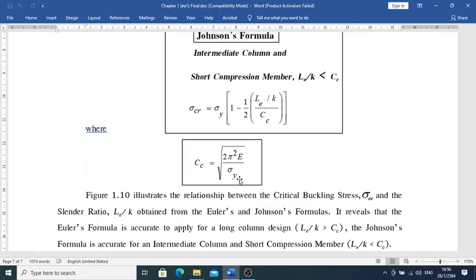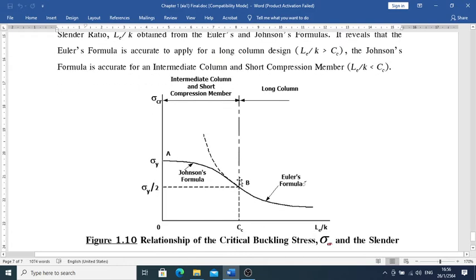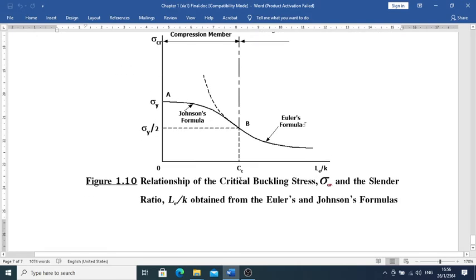This is the graph that shows it. The region here is the short member. The member just beyond point B is a long member, where we apply Euler. For members shorter than B, we apply Johnson. If we apply Euler to a short member, the graph diverges.